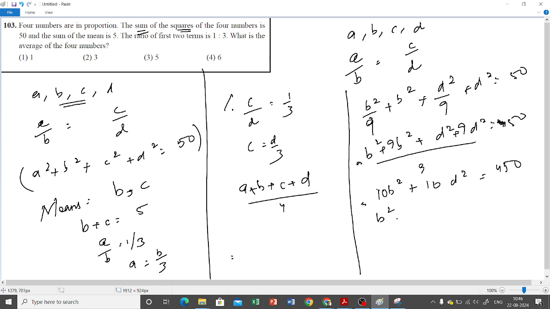Okay, so that is going to be b square plus d square is equal to 45.